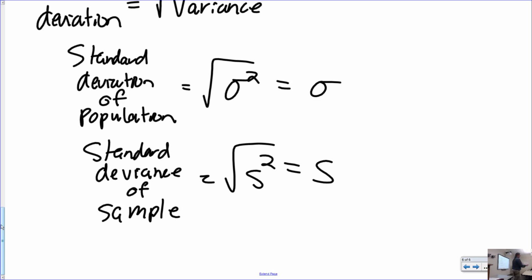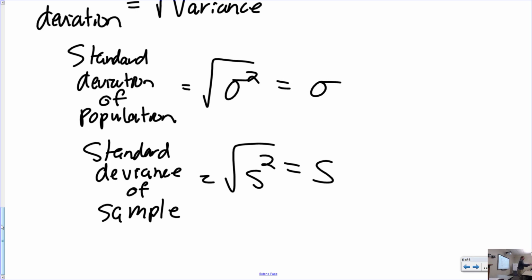All right, so that's all. Most of that is just getting you into the first round of notation for these sorts of calculations. I will try and be explicit when I write these things down for the next week or two. But after we've gone about doing this for a week or two, I am just going to write down S and assume that you guys know that I am talking about sample standard deviation. And when I write down sigma squared, you guys know I'm talking about population variance.